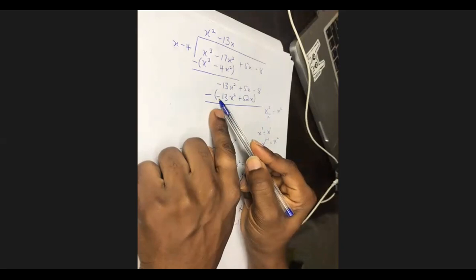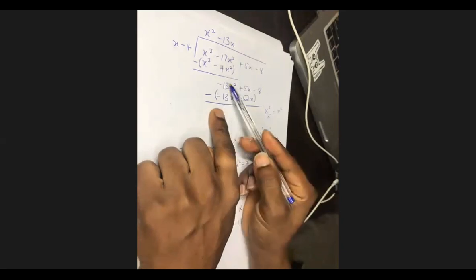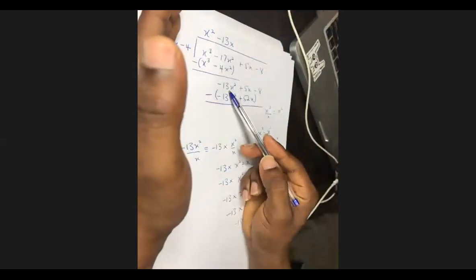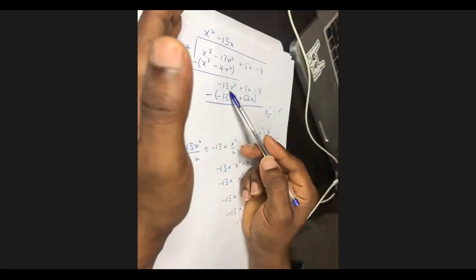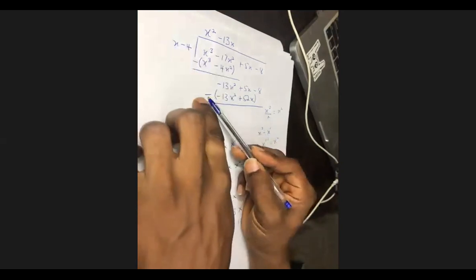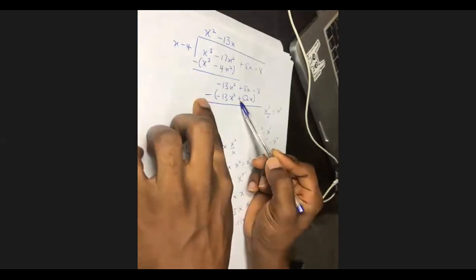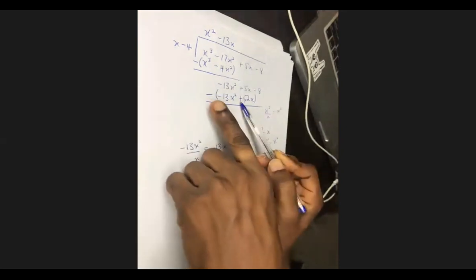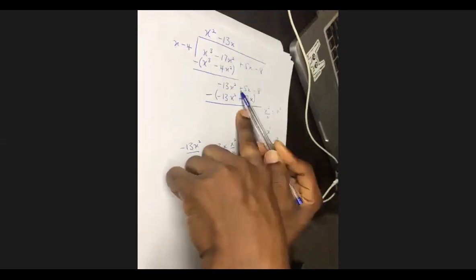Good. So you realize that all this one will go to 0. Now, negative times positive is negative. So what do you think the value is going to be? Negative 52 plus 5.